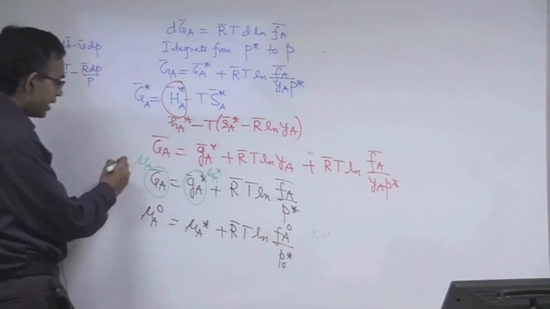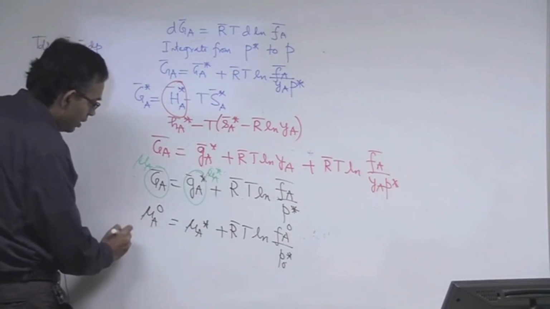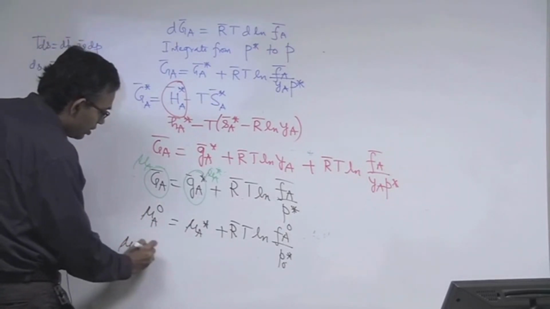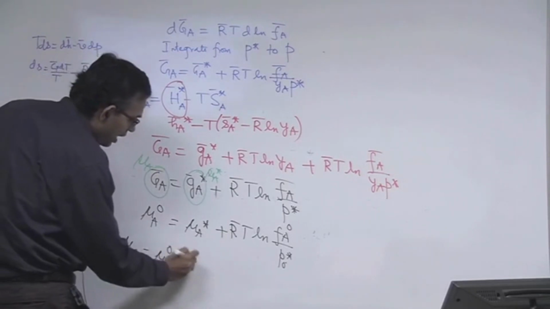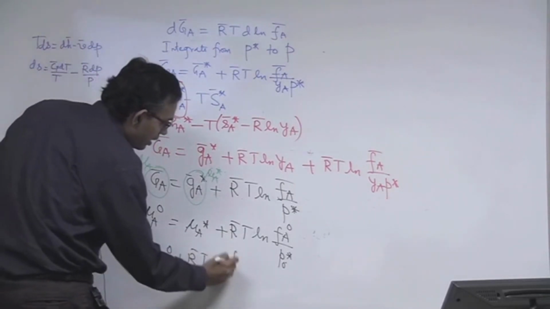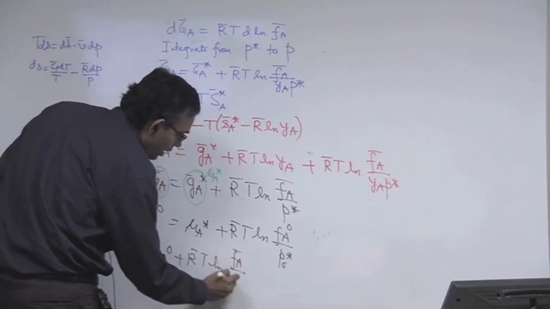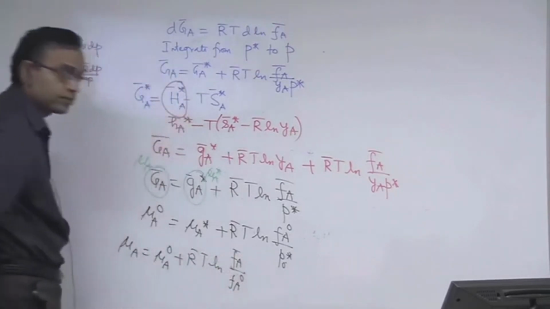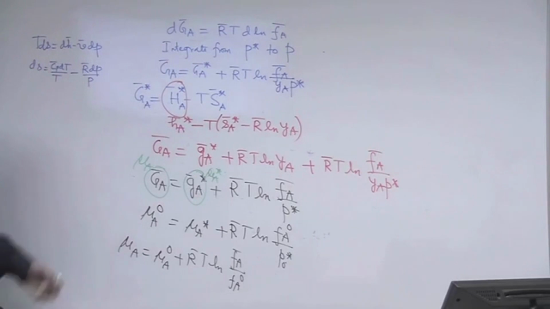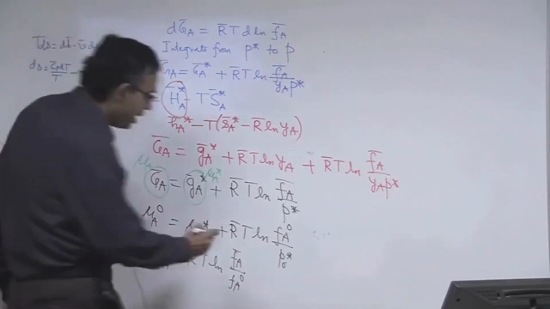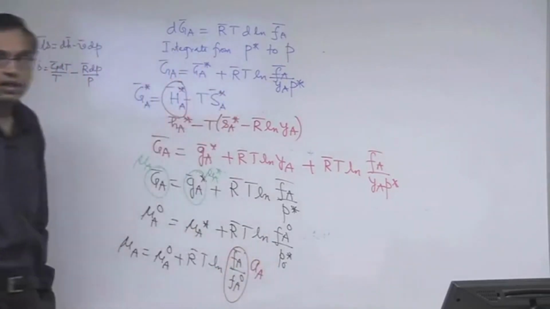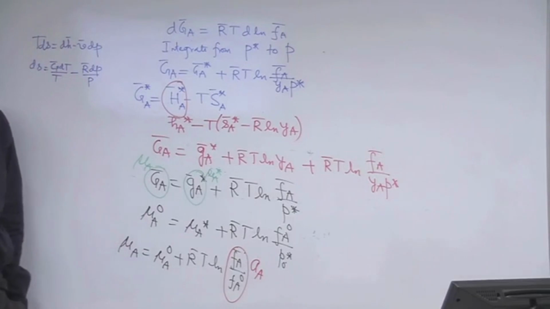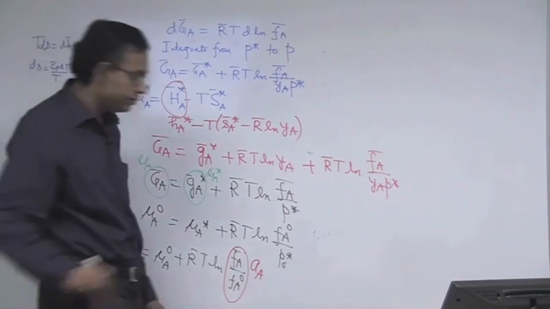So if you subtract these two, what you will get is mu A is equal to mu A 0 plus RT ln F bar A by F A 0. This ratio, F bar A by F A 0, is known as the activity of the component A in the solution. This is called activity.